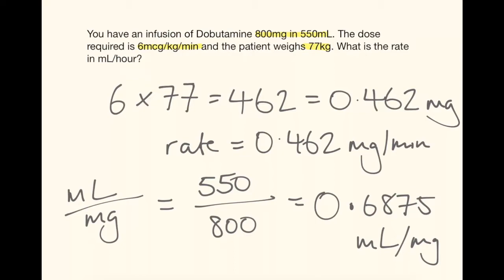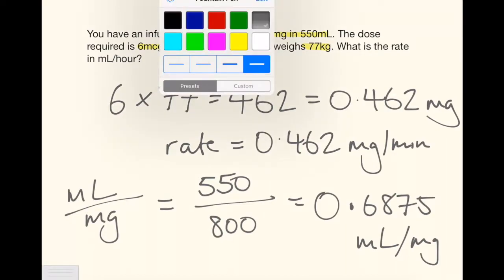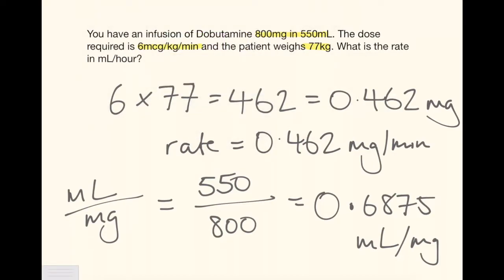Okay, and I also know that I need 0.462 milligrams per minute. So how do I find the milliliters per minute? I need to take this number 0.6875 and multiply it by the amount of milligrams I need.